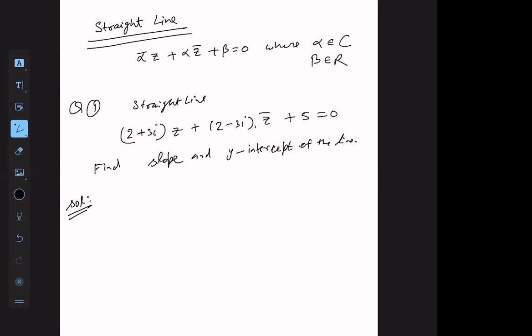Now if any equation related to a straight line or circle is asked in the exam, then always put z equal to x plus iy. So what you will get is this, plus 5 equal to 0.